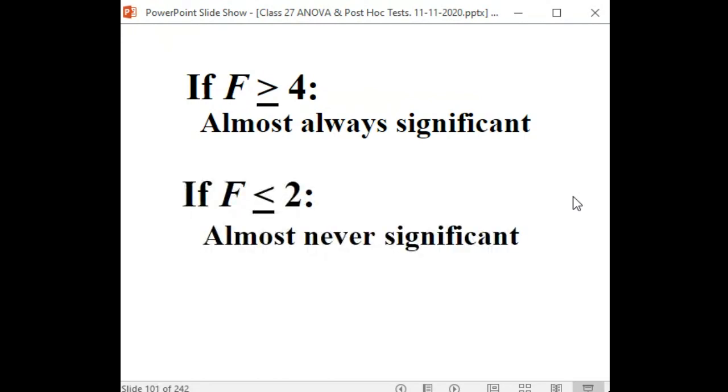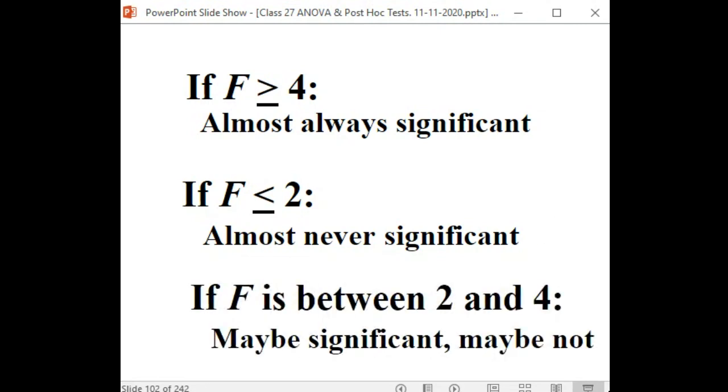If F is less than 2, you can also be pretty sure it's not significant, because F less than 2 is almost never significant, except very rarely. But if F is between 2 and 4, maybe it's significant, and maybe it's not. So looking at F and trying to figure out whether it's significant is kind of a mess.